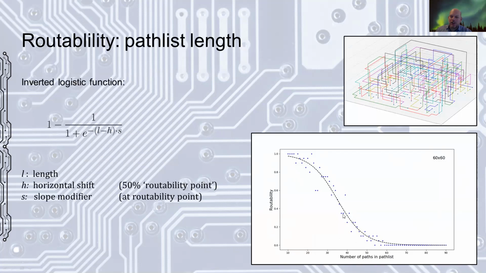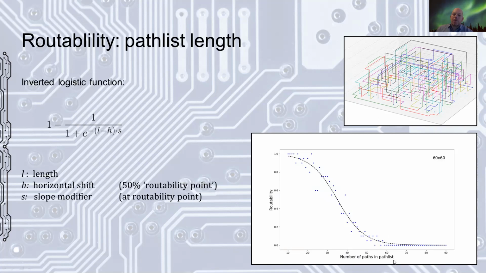The dots here are the fraction of 20 path lists that are routable, and the length is of course on the horizontal axis. Remember, for every number here there are 20 lists, so right about here, at about 35, about 10 lists are routable. 10 out of 20, right? So this is the fraction of routability.